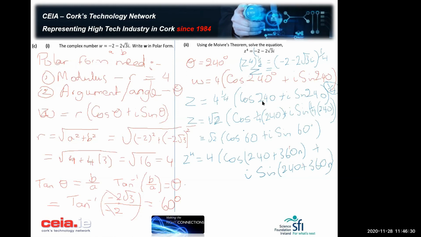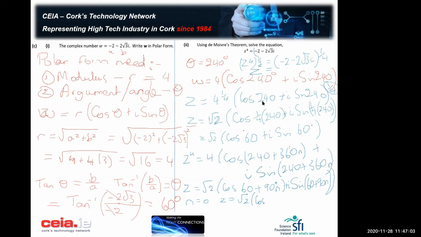So in that case, after quantifying it, z is equal to root 2 times the cos of 60 plus 90n plus i sine 60 plus 90n.